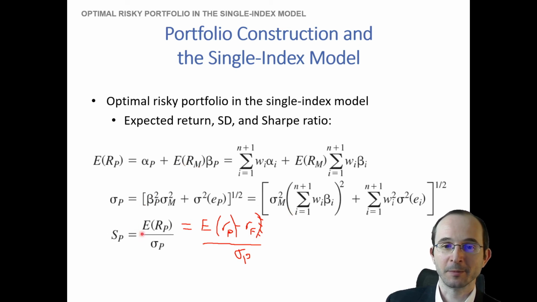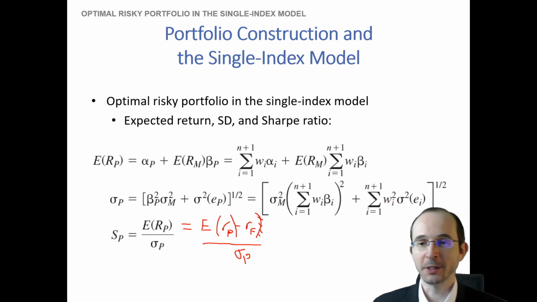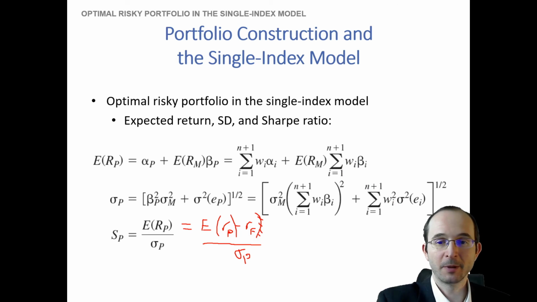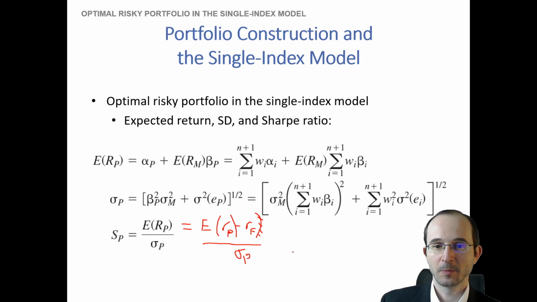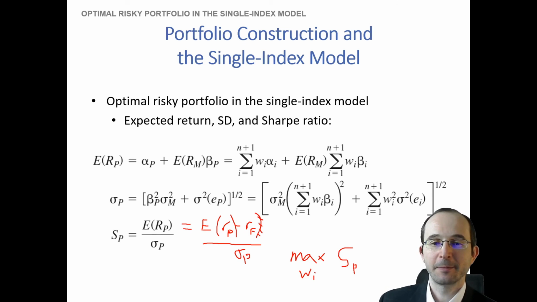And then, of course, since the one thing that we actually have control over are these weights in the portfolio, we can, just as we did in portfolio theory, say that we're going to maximize the Sharpe ratio of the portfolio by adjusting the weights for all of the portfolio assets i.